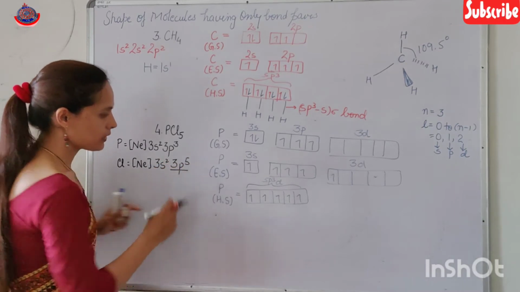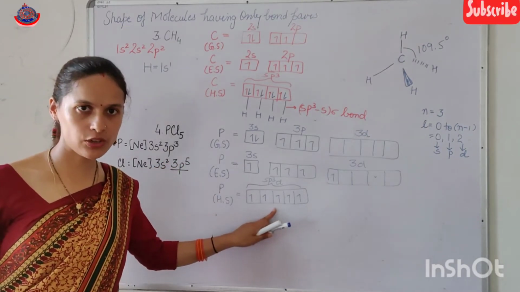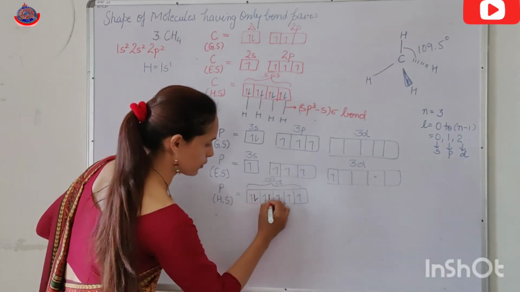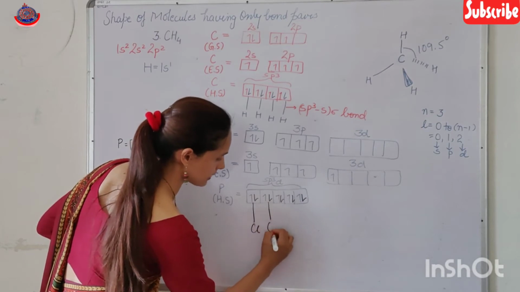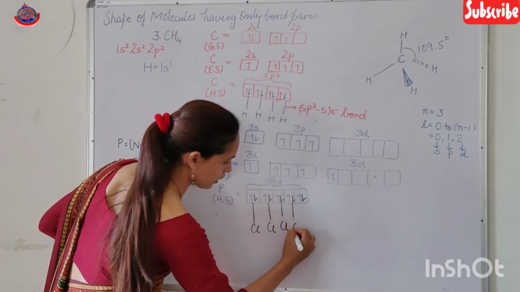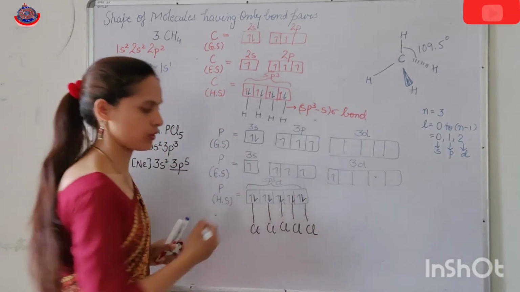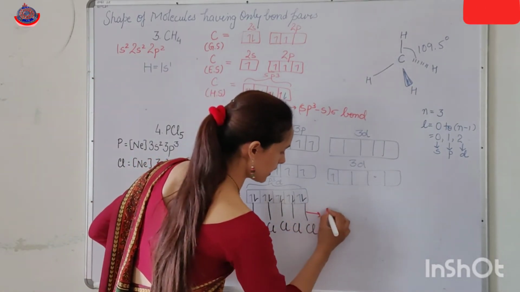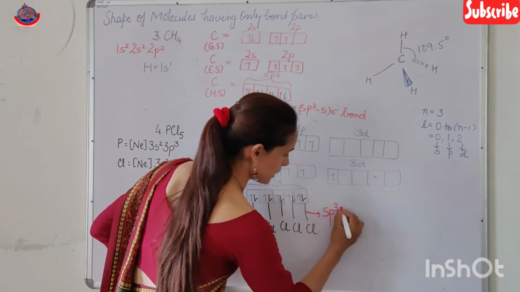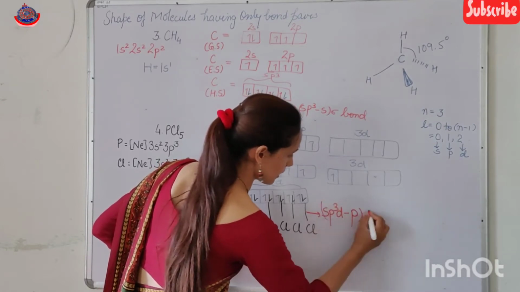So the half-filled p orbital of each chlorine will overlap with these sp3d orbitals: 1st chlorine, 2nd chlorine, 3rd chlorine, 4th chlorine and 5th chlorine. And the name of the bond is sp3d-p sigma bond.